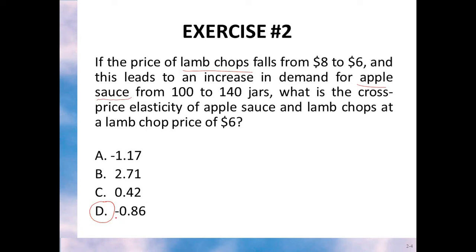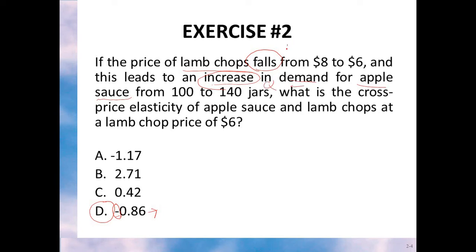You see here the sign is negative. If I ask you what the relationship between lamb chop and applesauce is, you can tell by looking at this negative sign. Actually, you should expect the answer to be negative, because the price of lamb chop falls, which leads to an increase in demand. Demand here is basically the quantity.